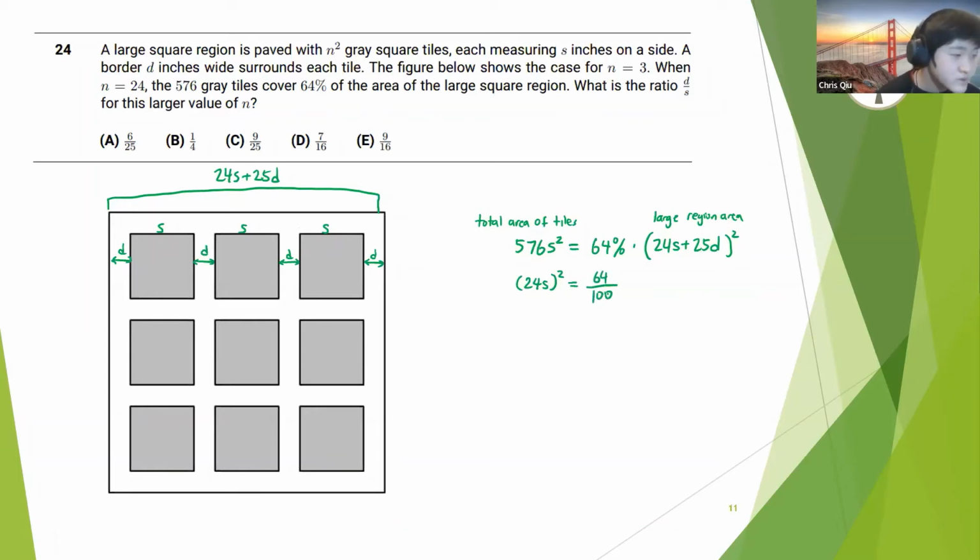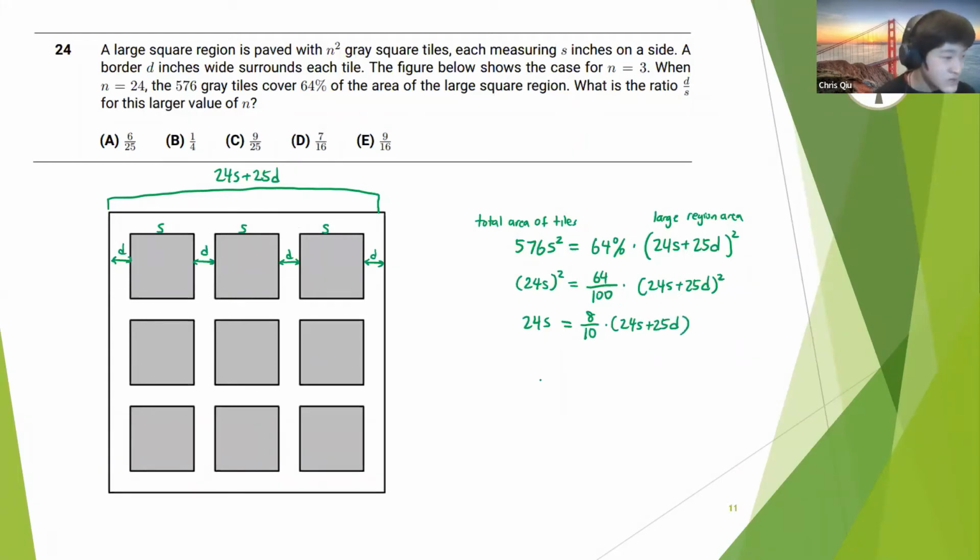We can rewrite 64% as 64 over 100. Now we can take the square root of both sides. The square root of the left side is 24s. The square root of the right side is 8 over 10 times (24s plus 25d).